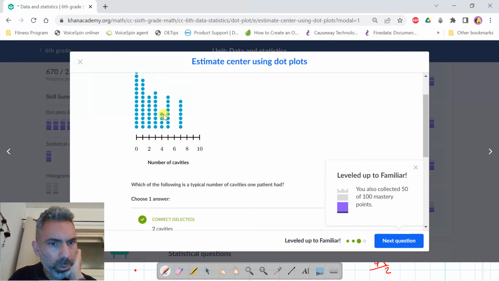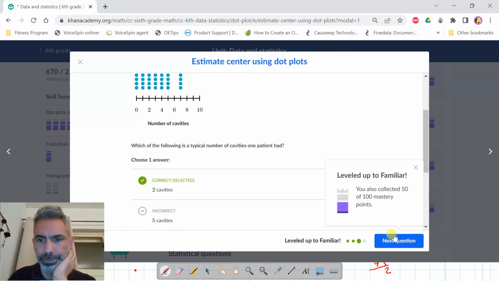So they include the group of patients that had 5 cavities. Which of the following is a typical number of cavities one patient had? Okay, so the patients who had 5 cavities also had 2 cavities. So 2. Well, it's not very clear from the way they phrase the question.